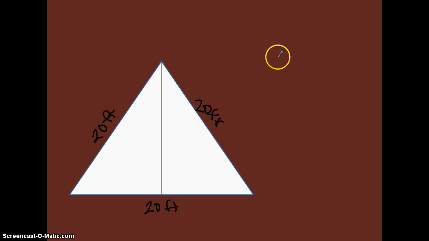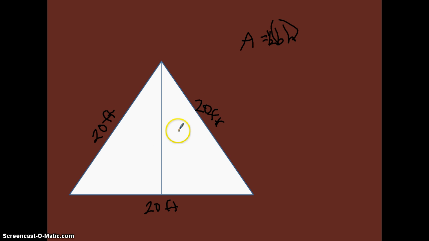Now, do I have enough information to figure out the area of my triangle? The answer is no. While I know how long all the sides are, unless I know the height, I have no idea. I cannot get the area.